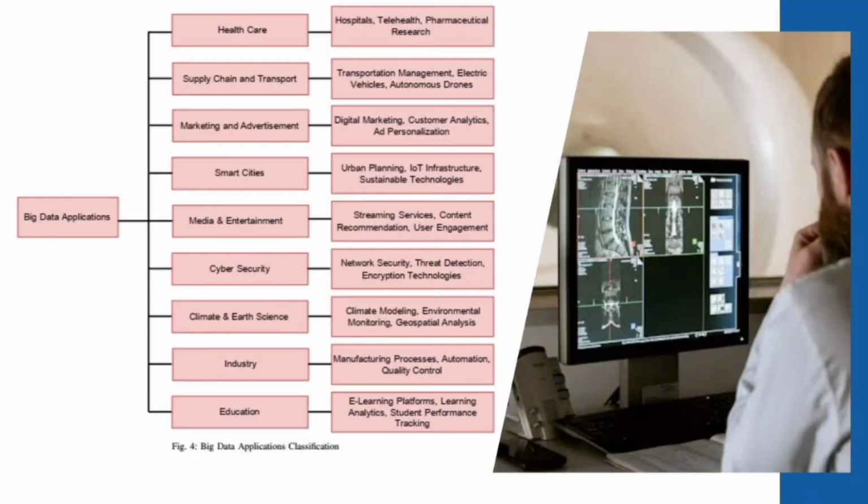For example, big data applications. In the big data application, you can see that I have categorized the big data into the categories of healthcare, supply chain, marketing and advertisement, smart cities, media and entertainment, cybersecurity, climate and earth sciences, industry, and education.